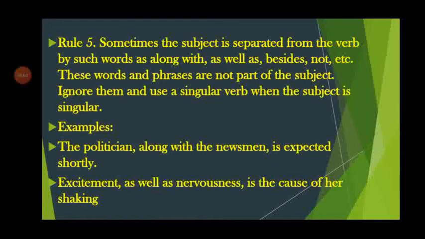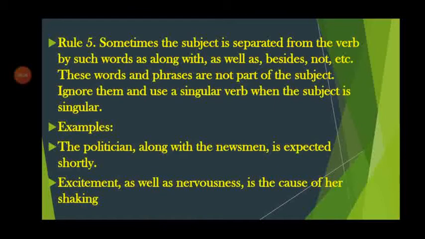Rule number 5: Sometimes the subject is separated from the verb by such words as along with, as well as, besides, not, etc. These words and phrases are not part of the subject. Ignore them and use a singular verb when the subject is singular.